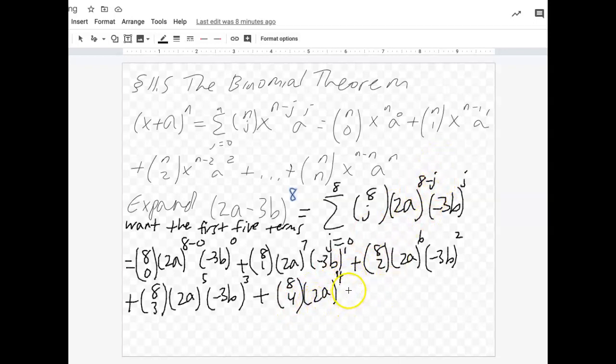So it's (2a) to the 4th times (negative 3b) to the 4. As I'm going through, I'm just keeping track of remembering to decrease the exponent for 2a and then increase the exponent for negative 3b.